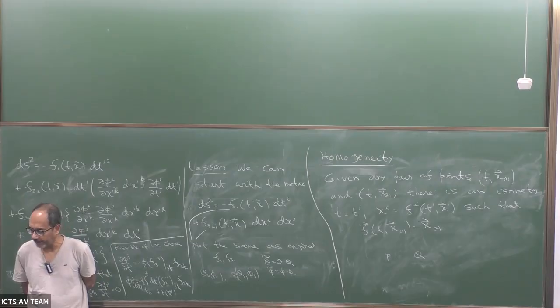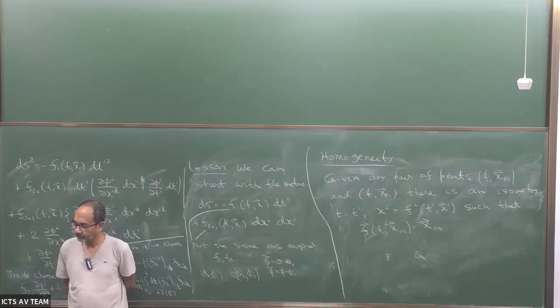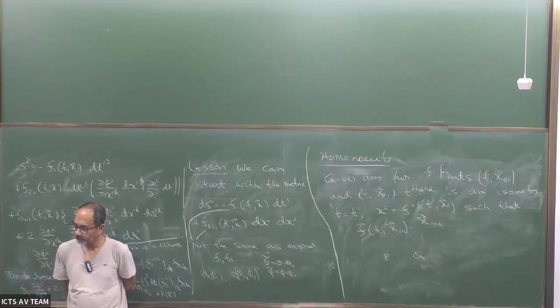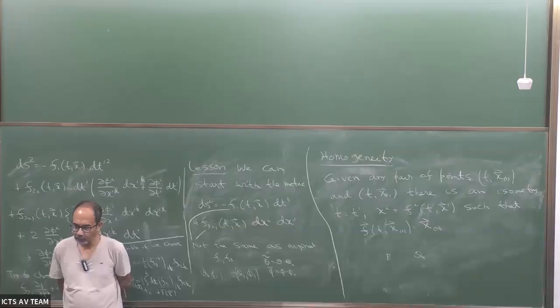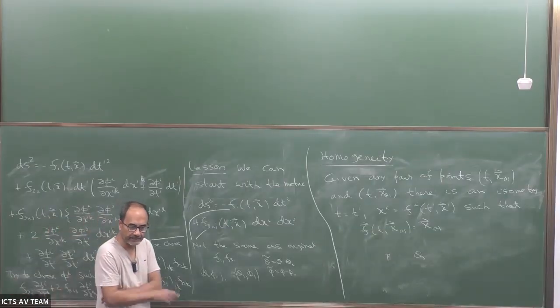You can think of it that way, but it's on a constant time. T should be the same. These are isometries, but very special kind of isometries where the T is not changing.